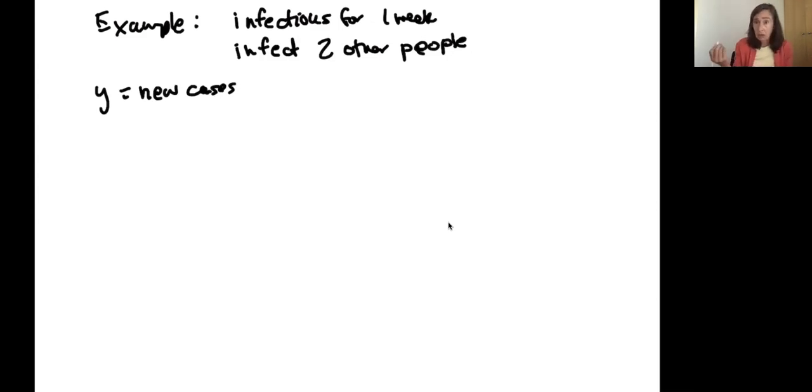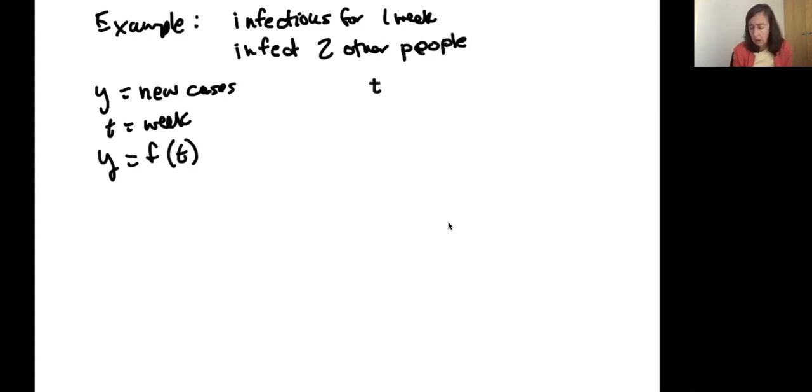So we often use t rather than x. And I'll use that here. I think I'll actually be going back and forth between t and x because you will really see both of them. Okay, and so t is weeks. And so the idea here is that y, the number of new cases, depends on what week we're in. So let's just make a table with this simple example.